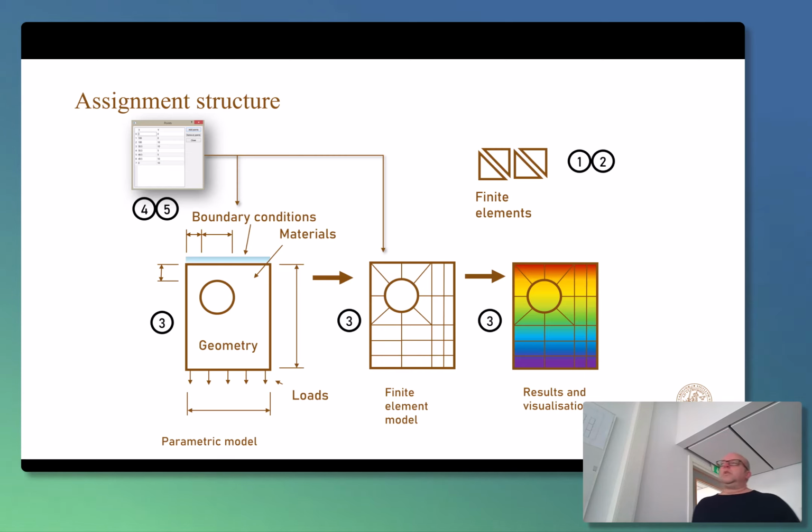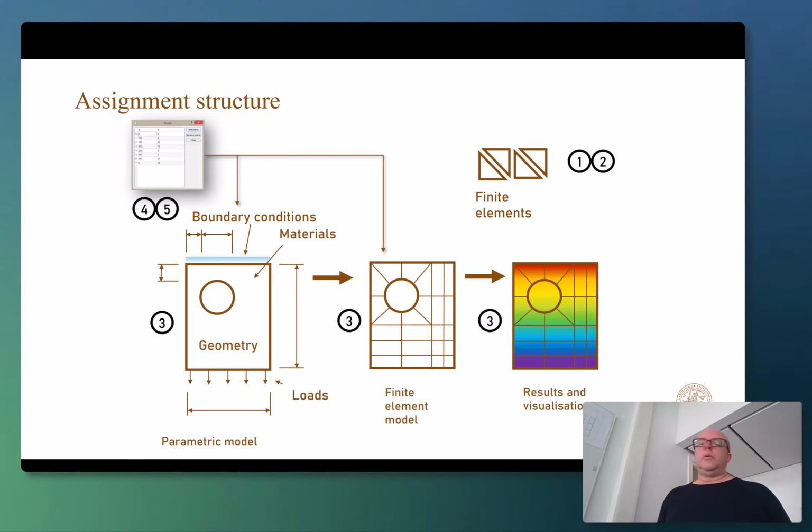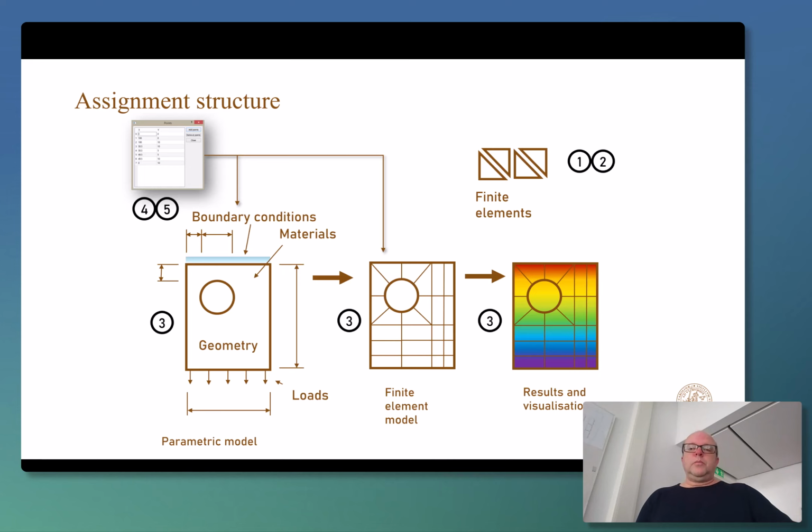And just to give you an idea of how the program is built up, the numbers here are the worksheets. In the first worksheet, it's Python, so it's a bit generic. In worksheet 2, we will start with defining the finite element model that we're going to use.